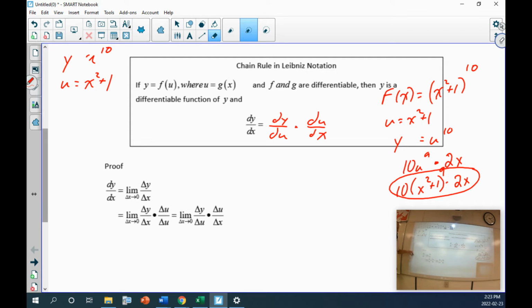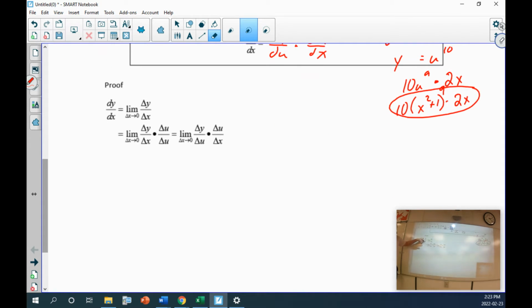Here's the proof. By definition, dy over dx is equal to the limit as delta x approaches 0 of delta y over delta x. That's our derivative definition in Leibniz notation. I'm just going to multiply this definition by delta u over delta u. Why can I multiply by delta u over delta u?